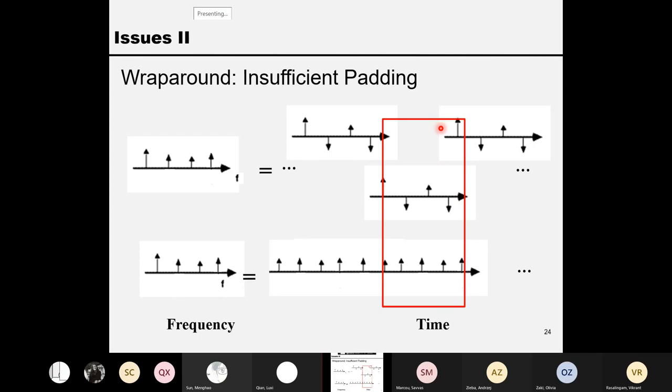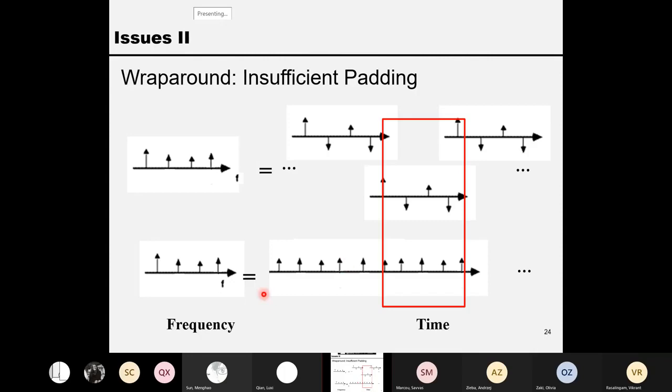That is the wraparound. If you have sufficient padding, you can see you have an original signal here, then a gap which is zero padded, then the same time series and another gap, which is also zero padded. So you separate them.